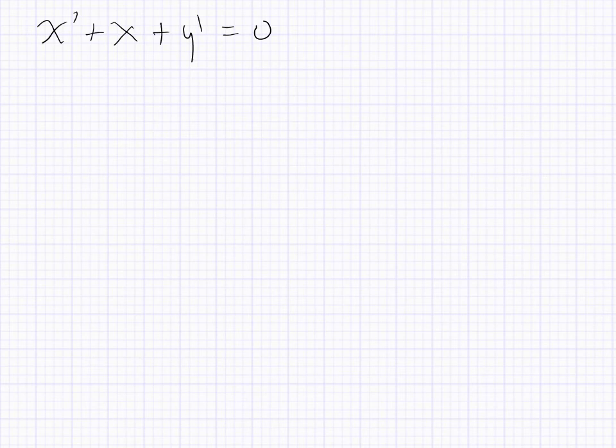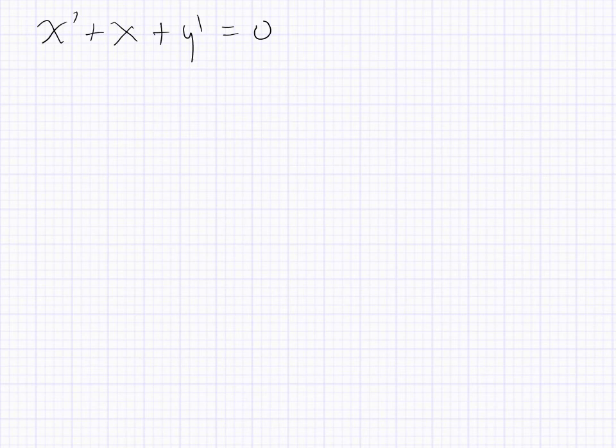Okay, so to finish this off, let's see. We're going to pick one of the original differential equations. I'm going to choose this one, x prime plus x plus y prime equals 0. Why did I choose that one? There's not really a great reason. This one has smaller derivatives than the other equation did, so I felt like this would be a little less work to plug our solutions into to try and find our C1, 2, 3, 4, 5 connection.